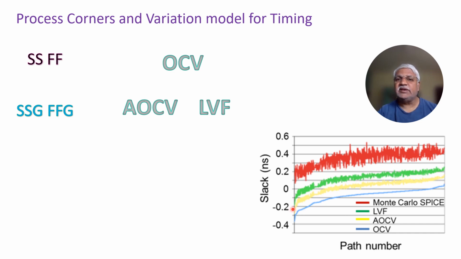Coming to the next, the yellow line, this is AOCV. Here there is somewhat more pessimism than LVF, hence this is slightly farther away from the Monte Carlo simulations. And coming to OCV, this is represented by the blue line, which is far away from the Monte Carlo simulations. Hence, it will lead to more area and power dissipation. So this is how the process corners and the variation models are connected.